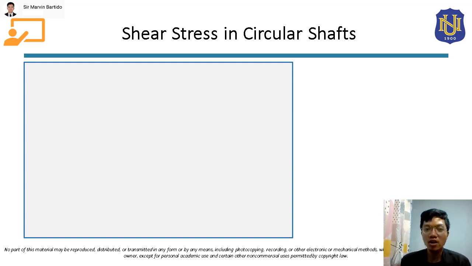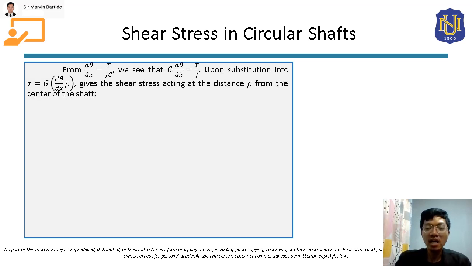Okay, so let's now talk about shear stress in circular shafts. This shear stress is also called torsional stress in circular shafts. From the formula that we derived in the previous slide, d theta over dx equals T over JG.